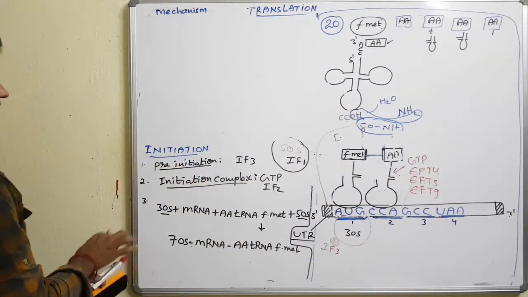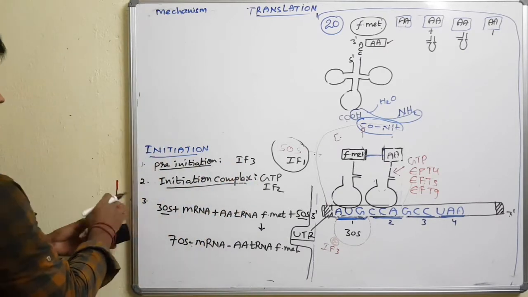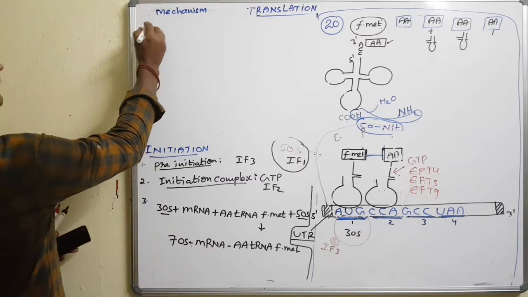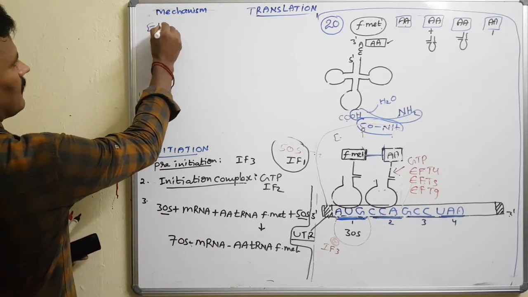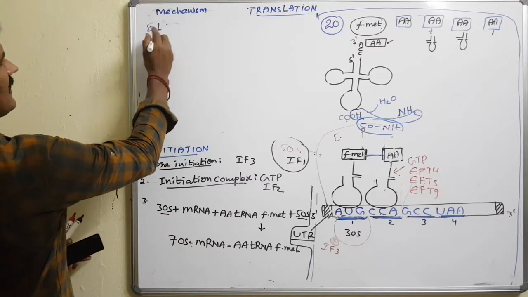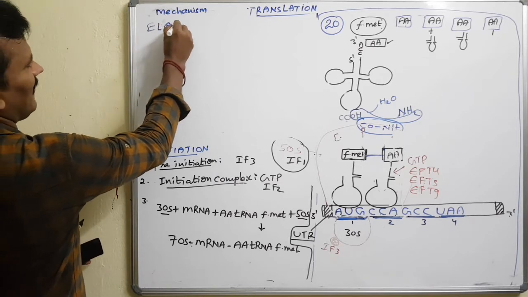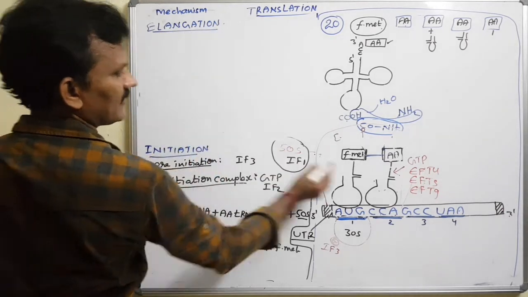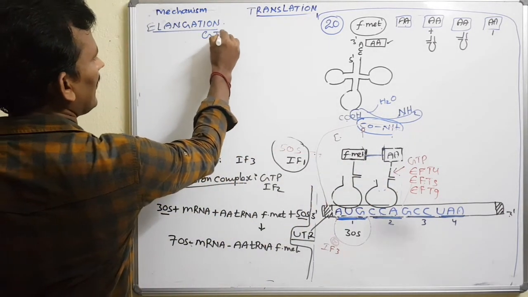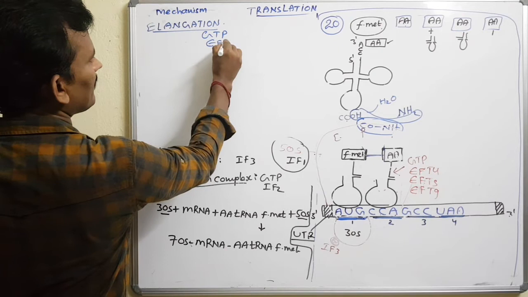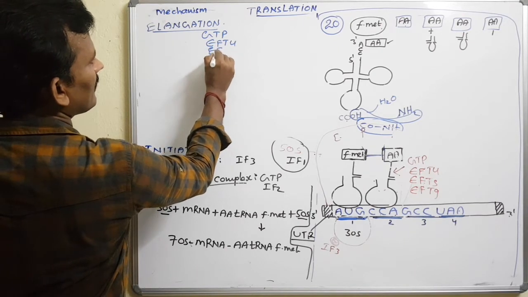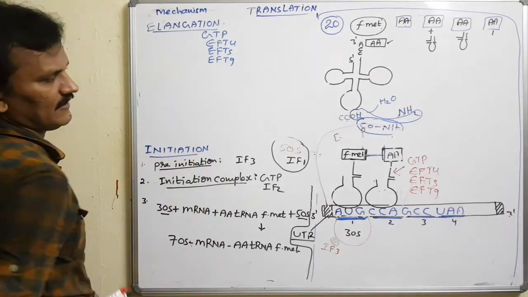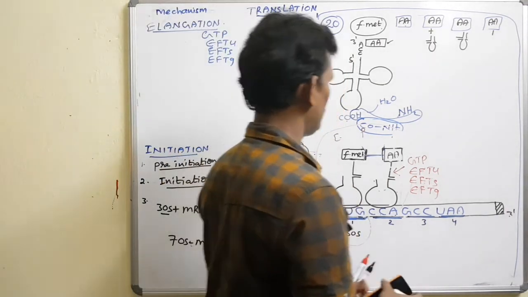So the heading is elongation process. What are the factors? GTP, EF-Tu, EF-Ts, EF-G elongation factors. So this section is okay.